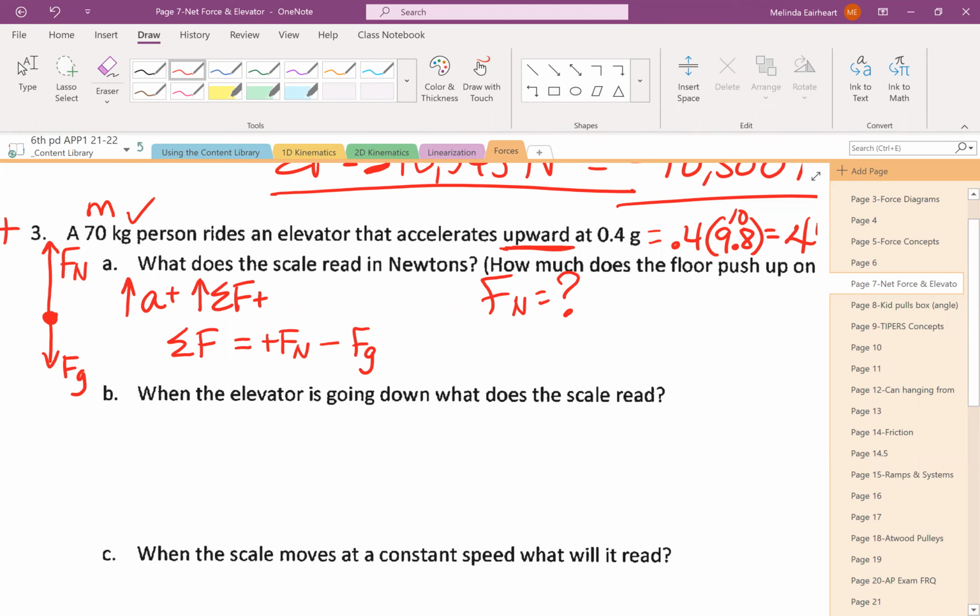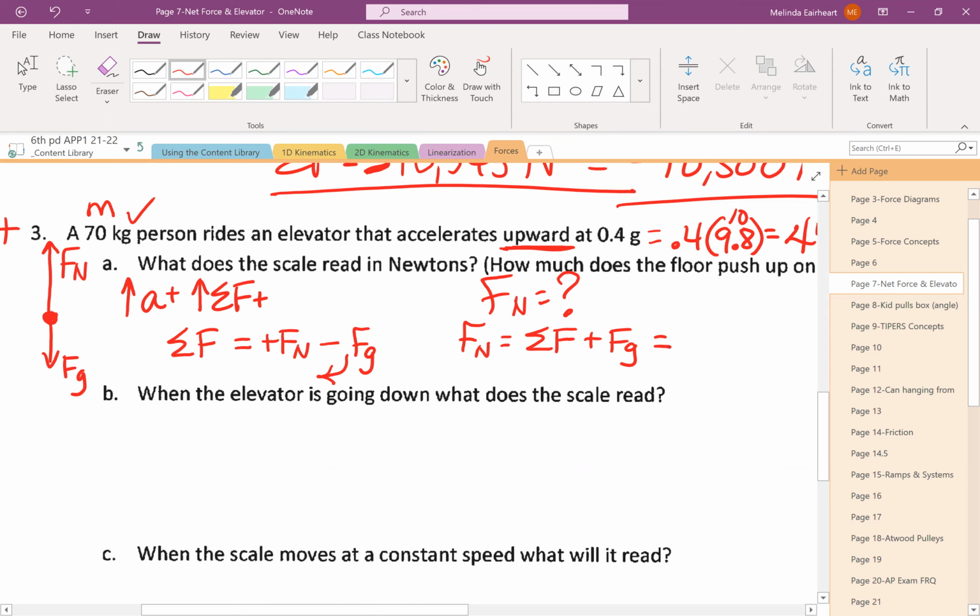And so now we got to move things around. They want us to solve for Fn. Before we do numbers, let's solve it. And so I got to add Fg to the other side. And so Fn would equal the Fnet plus Fg.